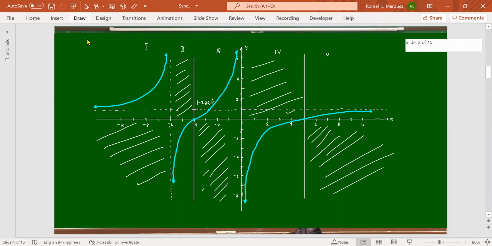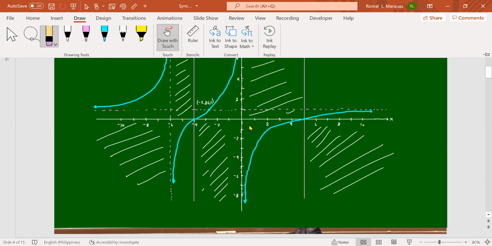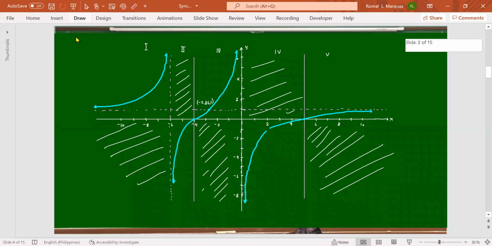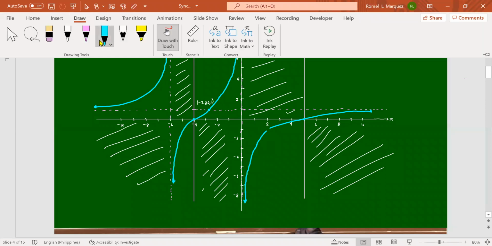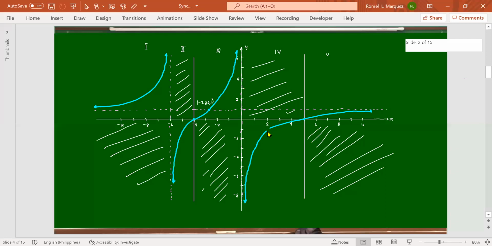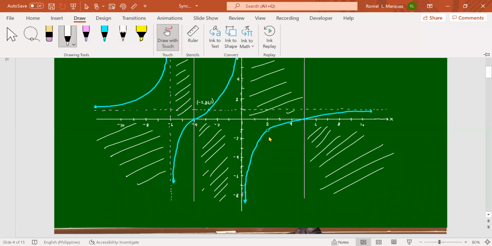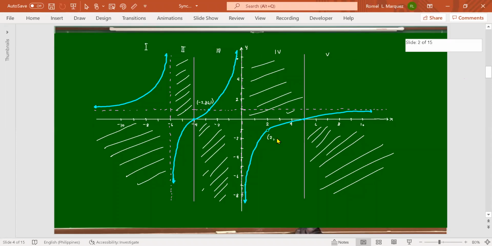Somewhere here. So the hole is here. And what is that hole again? 2, -1.125. So that's the hole.